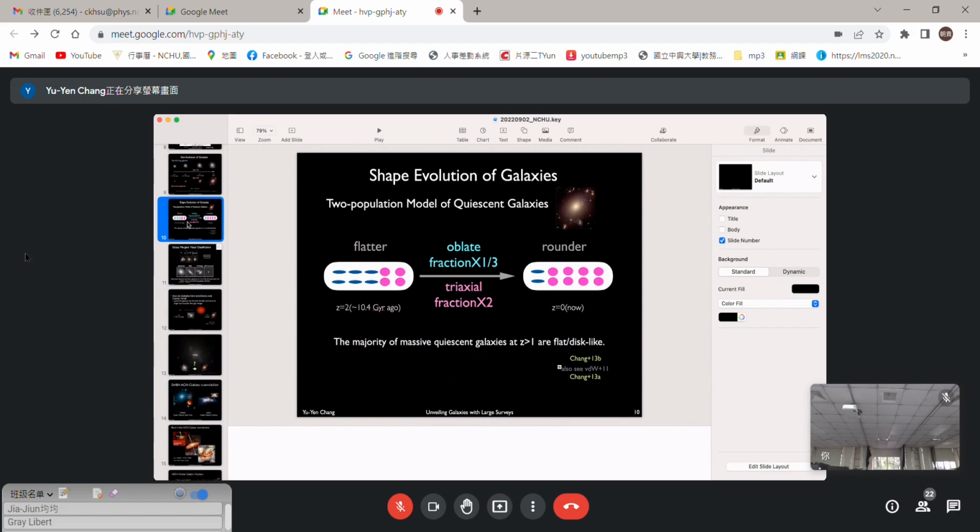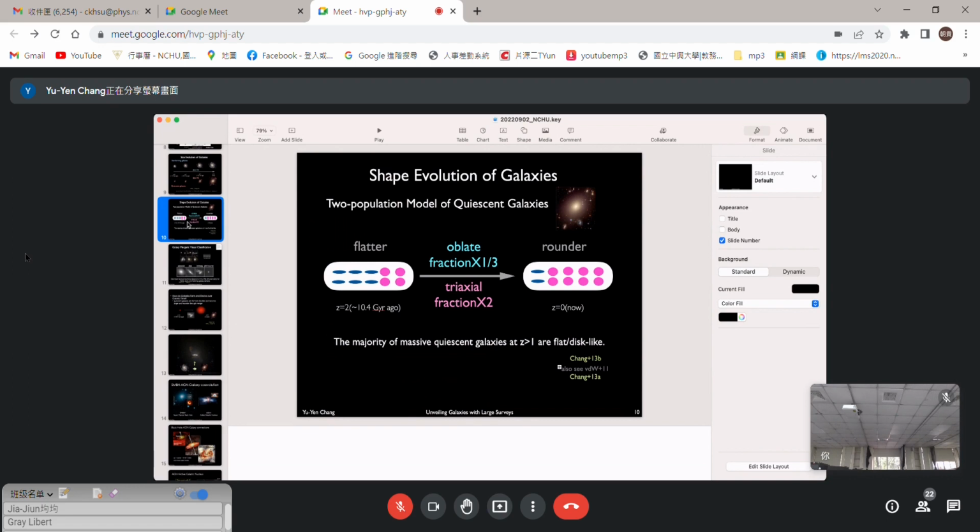Galaxies are usually flat, and if the mechanism of evolution is mergers, wouldn't we expect that over time disk galaxies form quiescent elliptical galaxies, and so shouldn't we expect a decrease of disk galaxies over time?